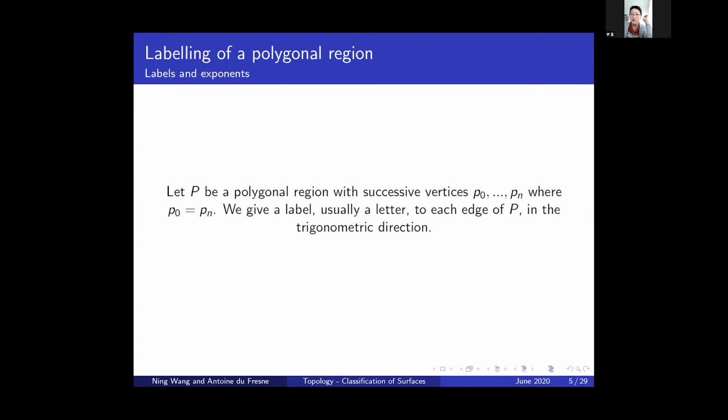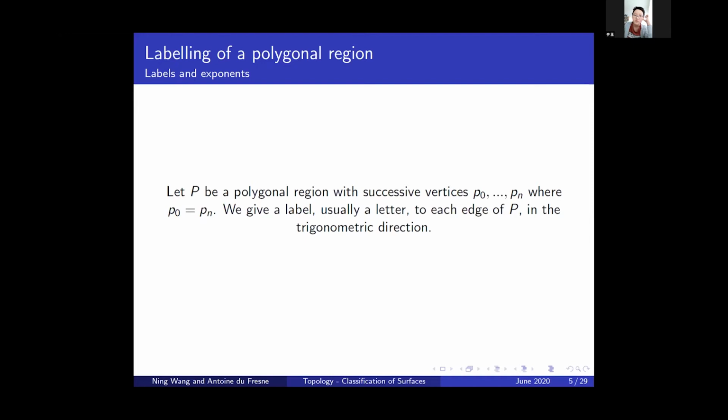And we give a label to each edge that we name by the two vertices defining it, for example, P0, P1. And we always name by Pk, Pk+1. Every edge is given a label of the form Ak with k a natural number. The labels are usually letters. And note that a label can appear many times, and that we will use this property to do some operations later.